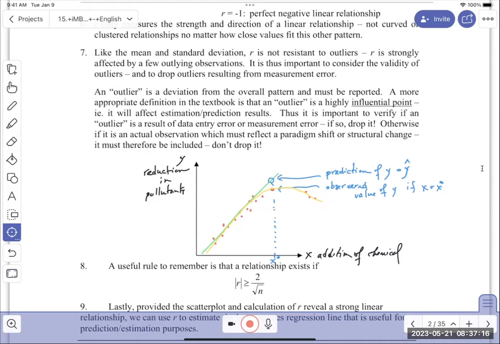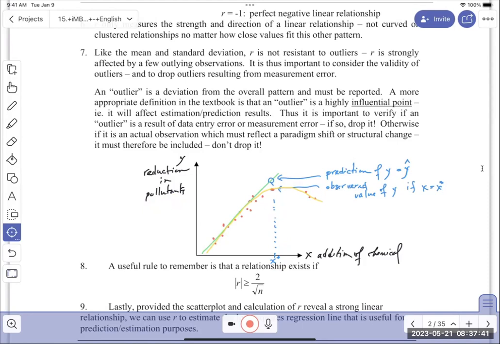Okay. So the other thing I want to tell you about this graph is that we have the prediction value, an open circle, that I can use this line that we're going to talk about in a second. I'm going to use the line to predict it. This observation is actually observed. Like I actually go ahead and add the chemical at this level and see what happens to the reduction in pollutants.